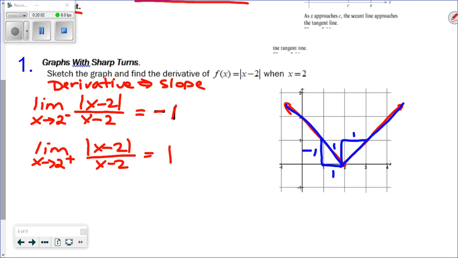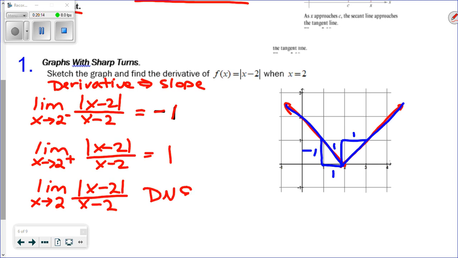So our conclusion then would have to be that the limit as x approaches 2 of the absolute value of x minus 2 over x minus 2 does not exist because your one-sided limits are different and they have to be equal, okay? So what we basically have discovered here is a case where the derivative does not exist.